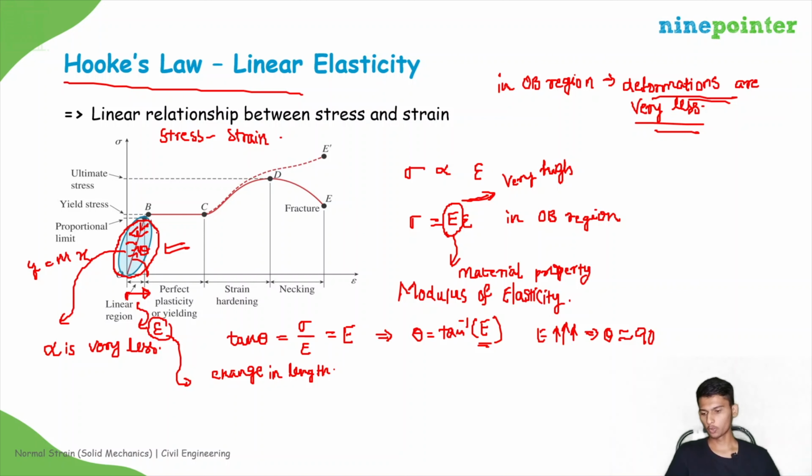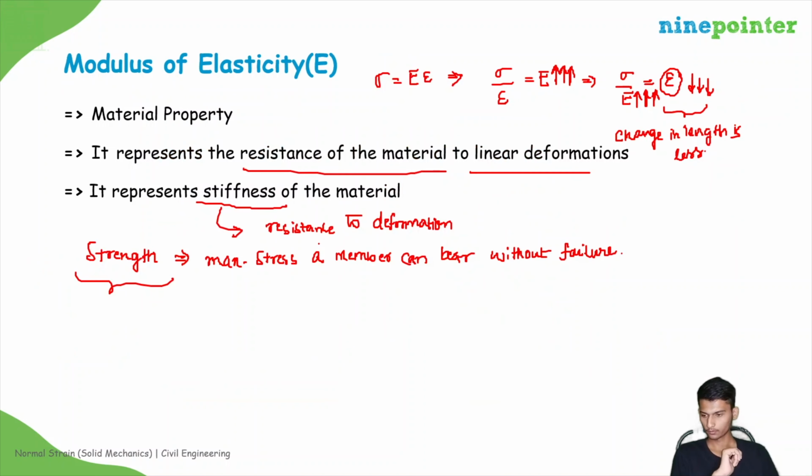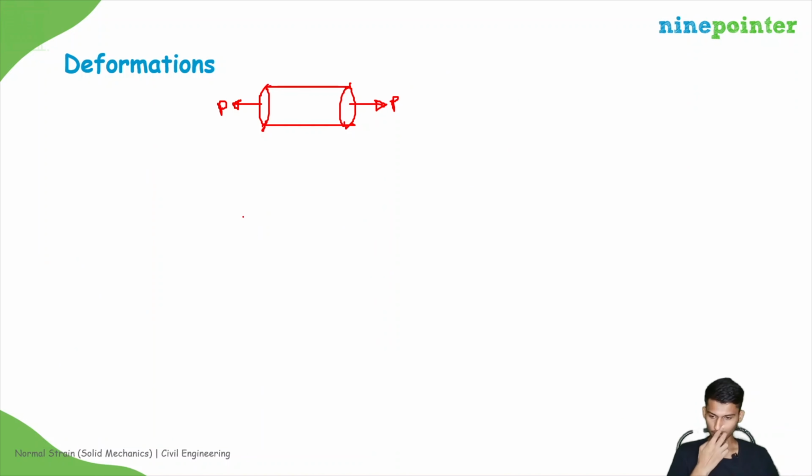We deal with all these portions in future lectures. For now, you only remember that whatever deformations we deal with are only in the region of Hooke's law, right? So this is the simple member subjected to tensile load.